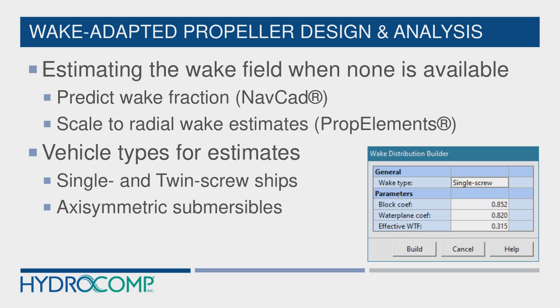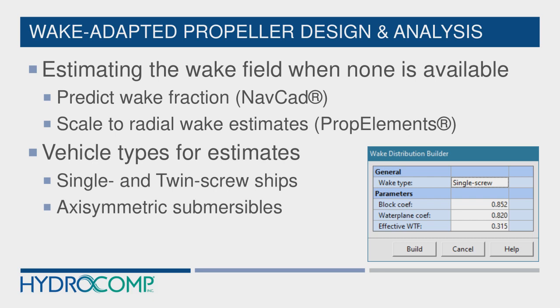So, the first step to estimating a wake field, if you don't have model testing, if you don't have full CFD at that point for what the inflow wake fields are going to look like, we predict the wake fraction with NavCAD. That's an effective wake fraction, and we scale that wake fraction to radial wake estimates through a distribution builder that we have in prop elements.